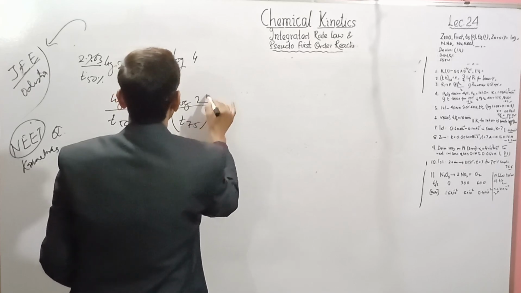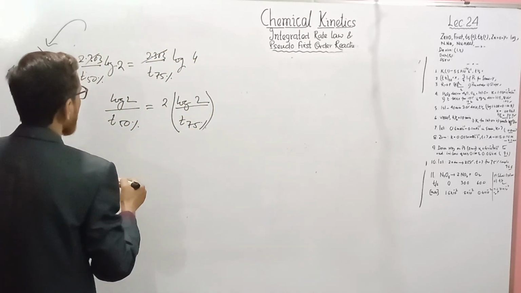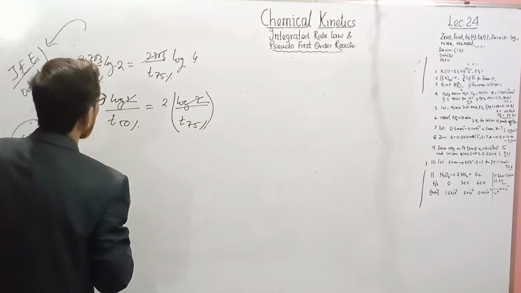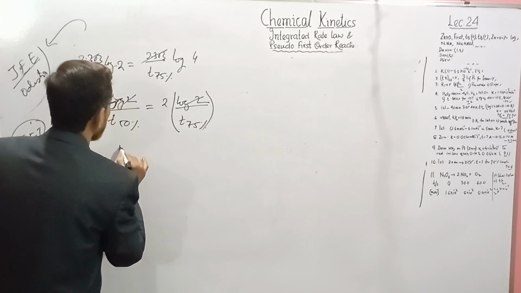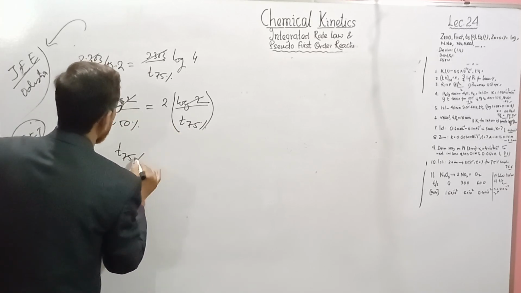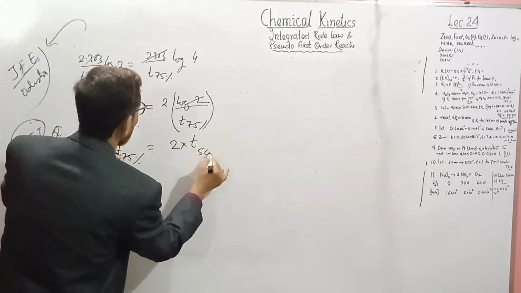So you see, from this, if you cancel out, you will get t 75% is equal to 2 into t 50%.